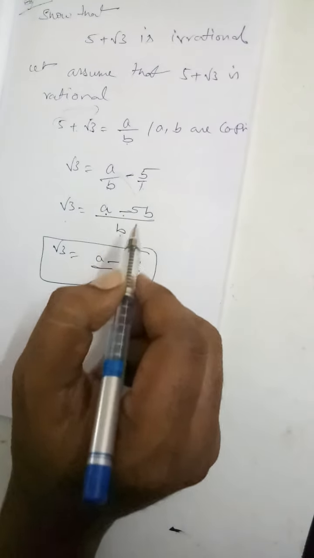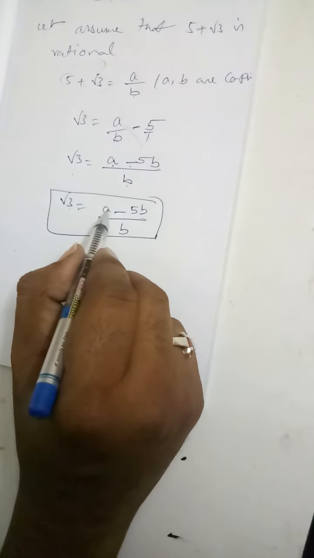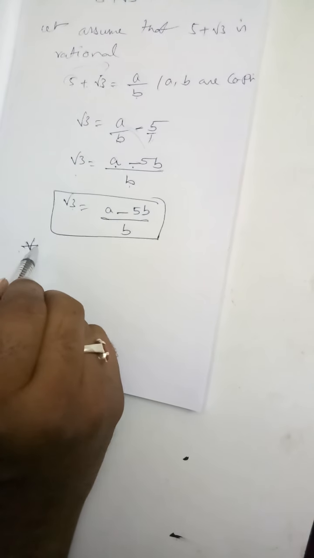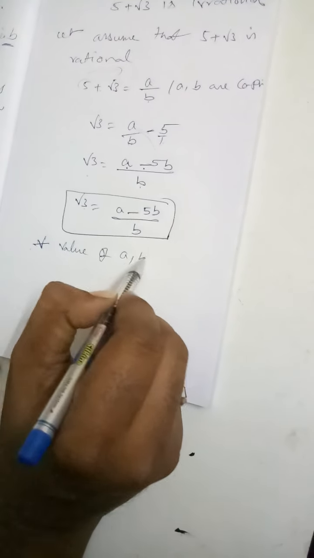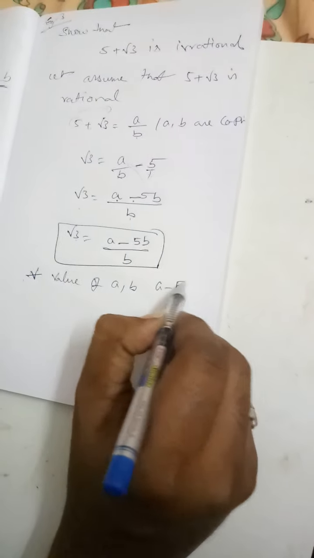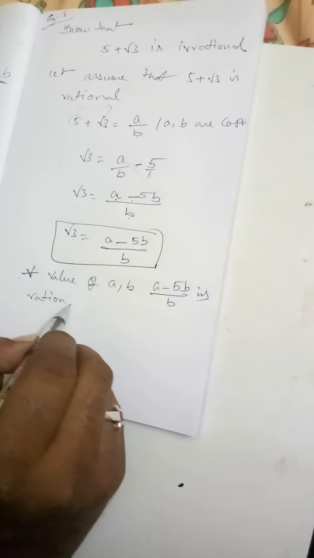If you observe this step, already we proved root 3 is irrational, and here a minus 5b by b, for any values of a, b, is definitely a rational number, because it is in the form p by q.